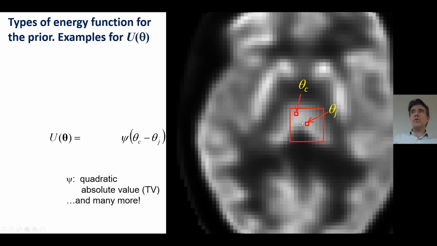Now, obviously, we don't want positive and negatives to cancel each other out here. So we need to either take the, I'm using psi here to denote some function. Typically, we look at the square difference. It could be the absolute value. You may have heard of TV or total variation. Well, all you do for total variation is just take the absolute value of those differences and then look over all the patches in the image over all the different pairings. So there are many options.